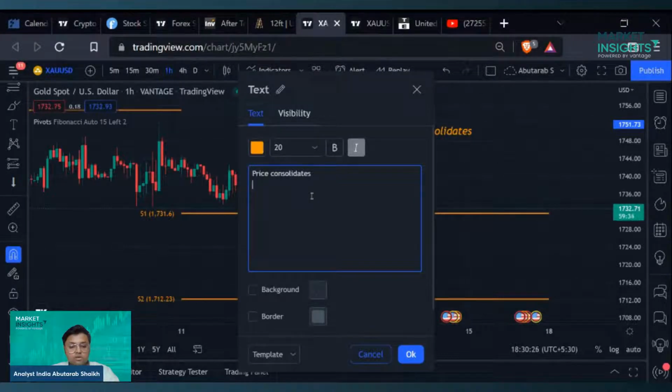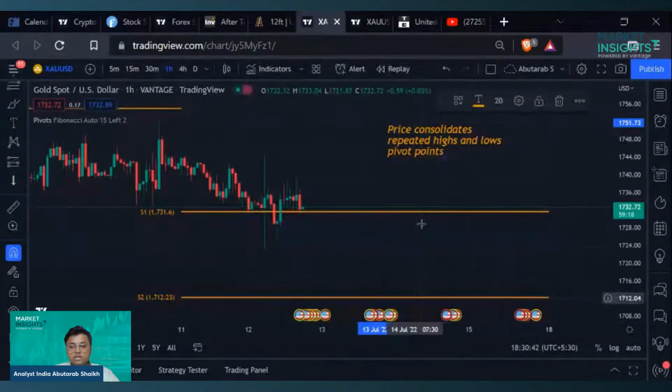The next one was repeated highs and lows. If highs and lows are repeated, the lows will form the support level and the highs will form the resistance level. And the next we have seen is pivot points. These three things we have seen.